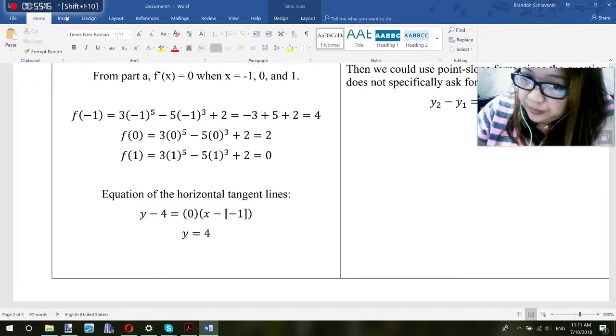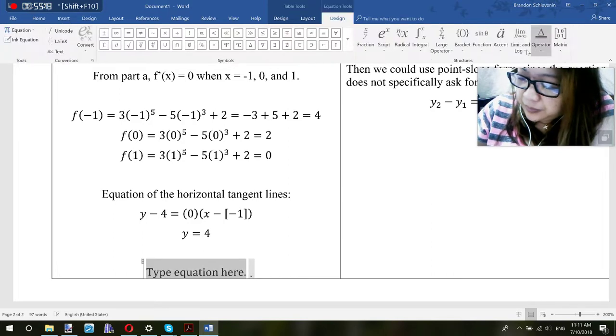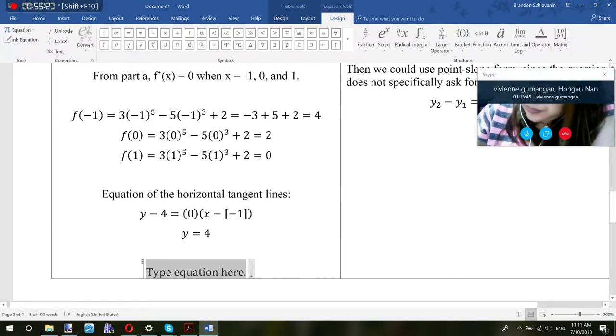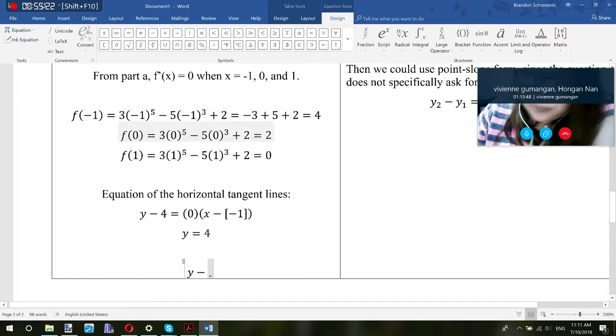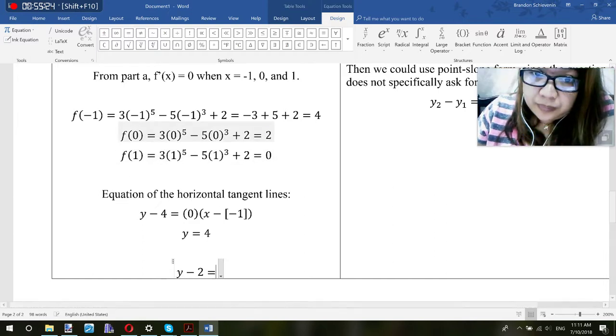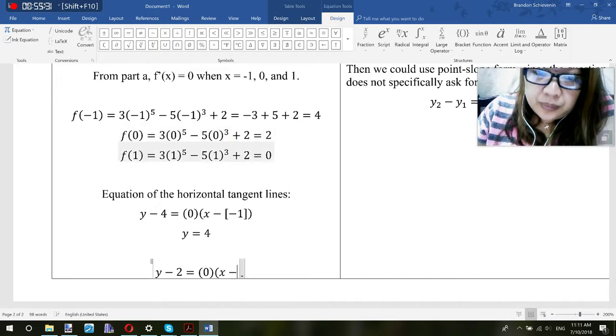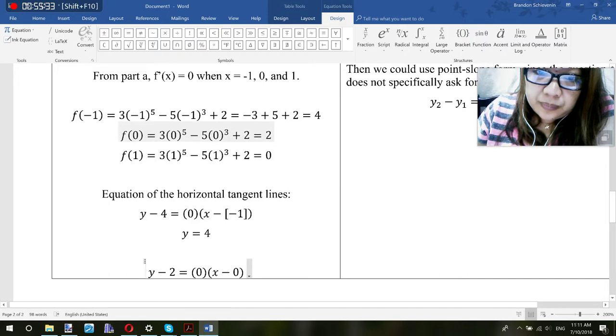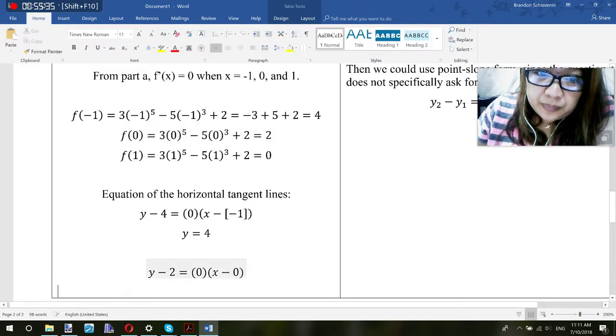Okay, my next line, I've got y minus 2 is equal to my slope of 0 times x minus 0, which is my x value. So that's 0 times x minus 0 is 0.